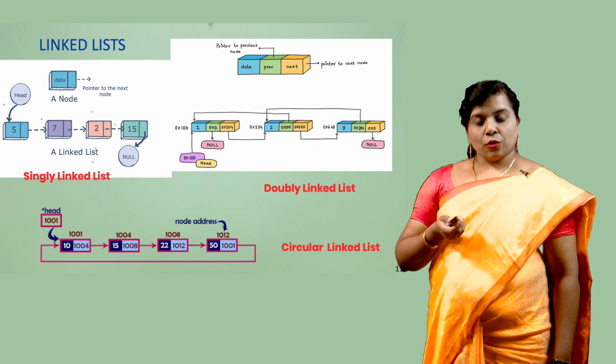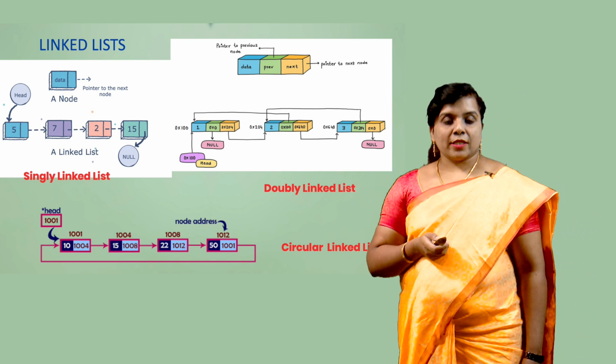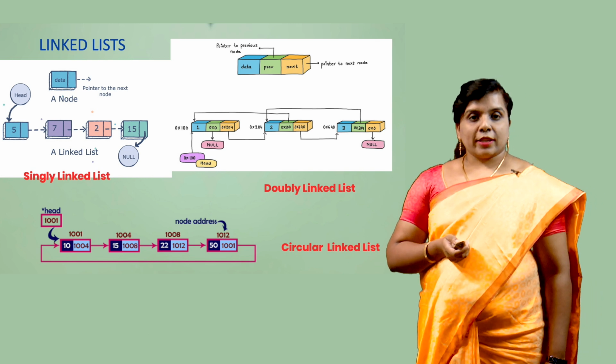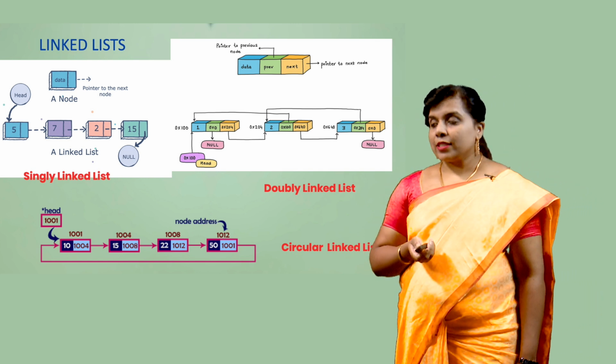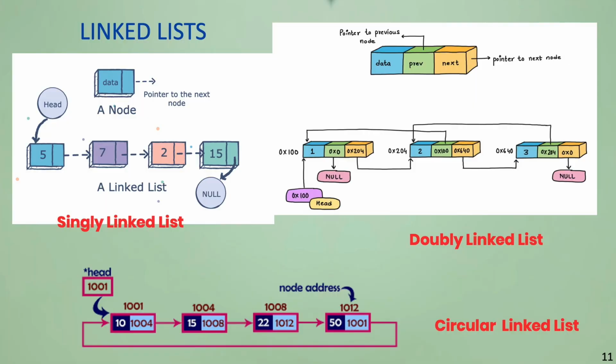So, for every node memory could be allocated at different locations, but all of them are linked with the help of pointers. So, the general definition of a linked list is, we will say it is a collection of nodes. What a node is, actually, it contains some portion of data and some portion for storing the pointer or the address. The address actually pertains to the address of the next element in the list.